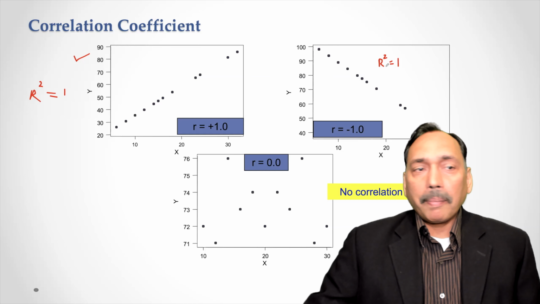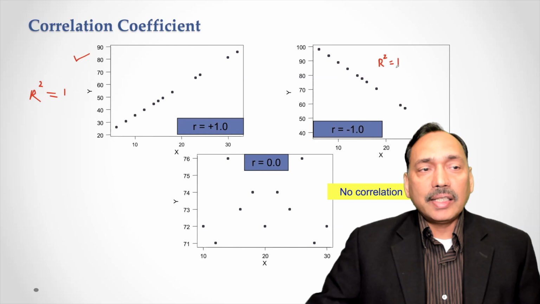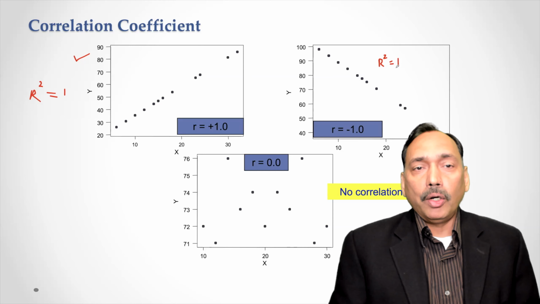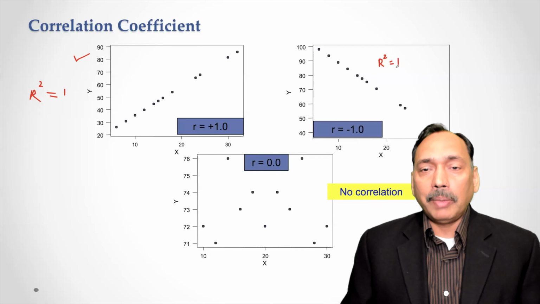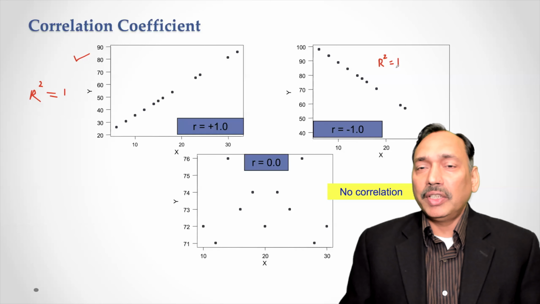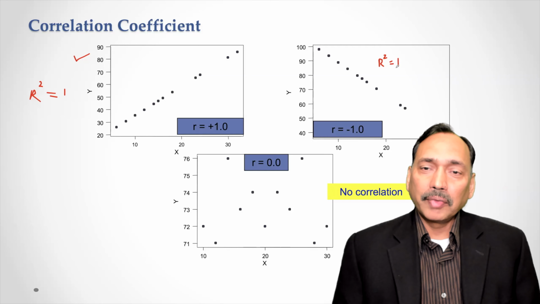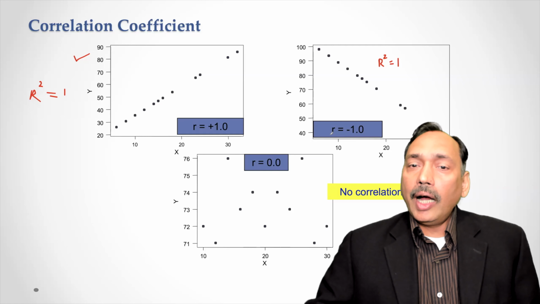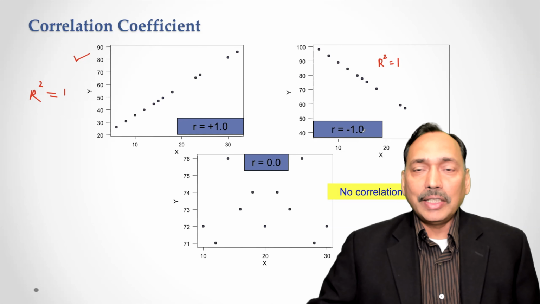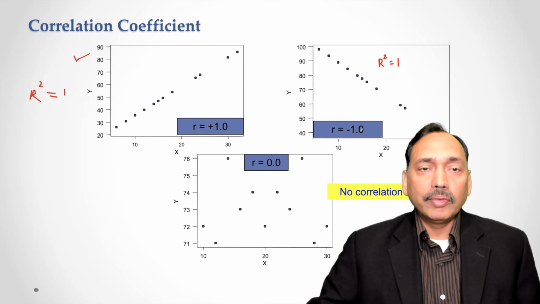So in a way, R square gives us just some information about how much contribution is there by the model in terms of percentage, which is very easy to understand for anyone. But R can also give you more information in the sense that it also tells you the direction of the relation.